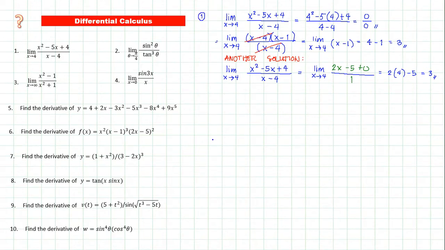Okay? Ganyan lang siya. Number 2, try natin i-solve. We are to find the limit as theta approaches pi over 4 ng sine squared theta over tangent cube. Okay. So dito sa problem na to, meron din dalawang solution.